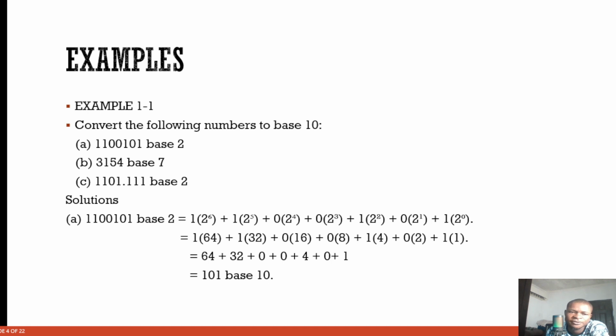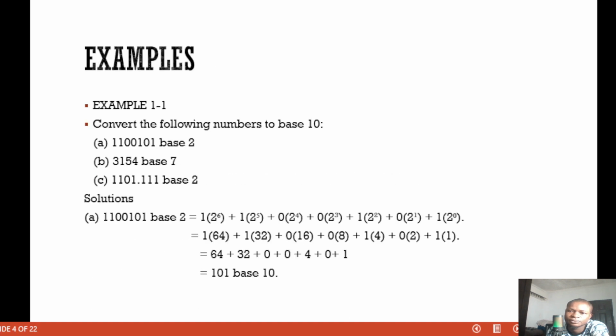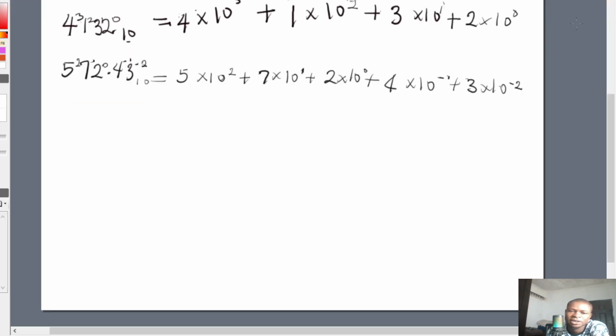Basically we have 1100101 base 2, which means that I'm going to be writing it here.